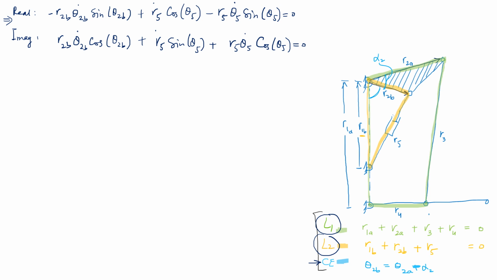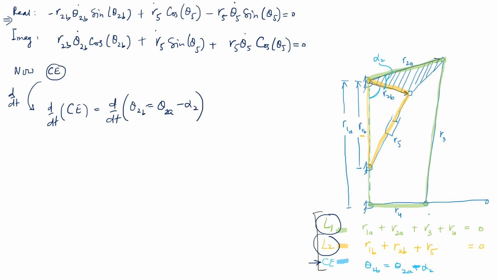So if we take the time derivative of the constraint equation, this would mean that you have d by dt of the constraint equation, which is the time derivative of theta 2b equal to theta 2a minus alpha 2, and this alpha is constant because of the nature of the ternary link, because you have this one as the solid portion.